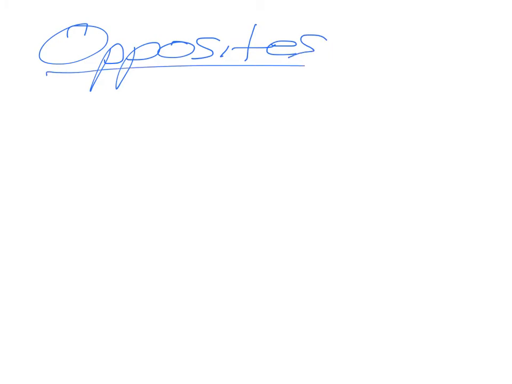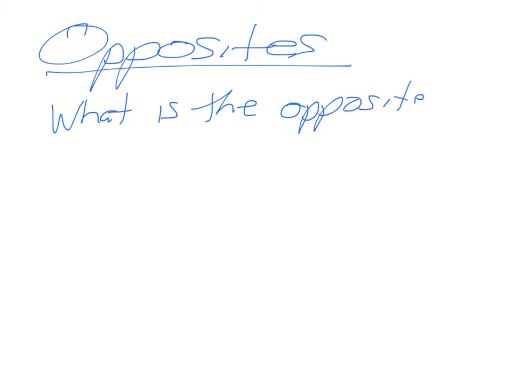We sometimes talk about integers and their opposites. The opposite of an integer, pretty simple. It's the same integer, but on the opposite side of 0. So, for example, if I said to you, what is the opposite of -3?